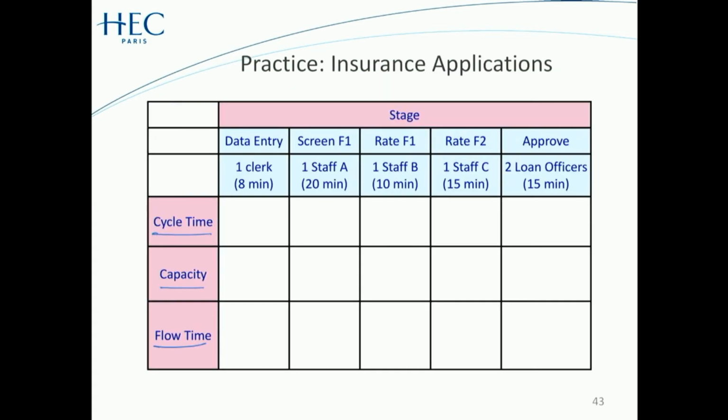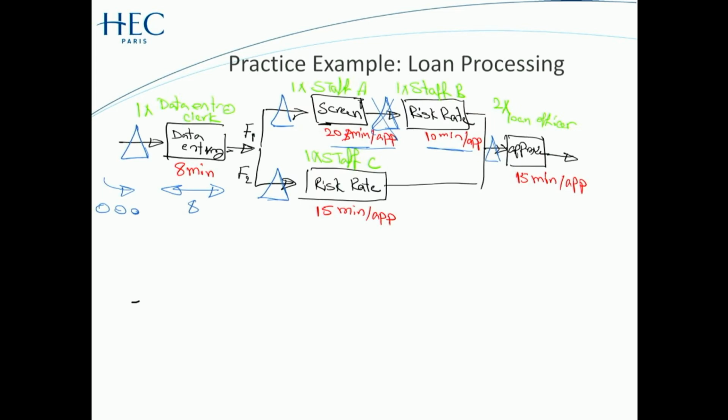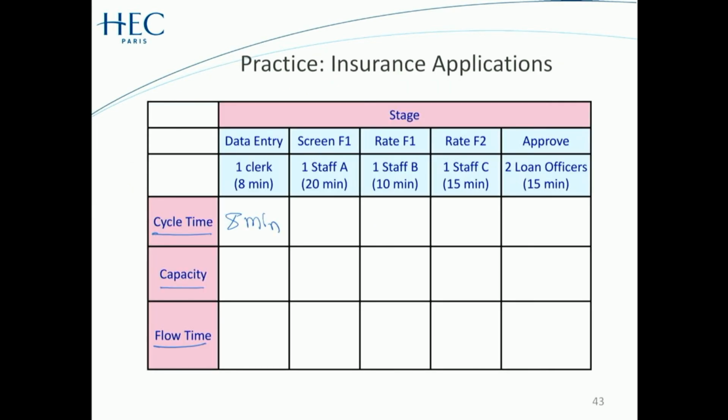That means that the cycle time for the data entry process is going to be 8 minutes. What about the flow time? Well, the flow time is exactly the same thing as well. Each application is going to spend exactly 8 minutes in the data entry step. Therefore, the flow time for that step is going to be 8 minutes too.